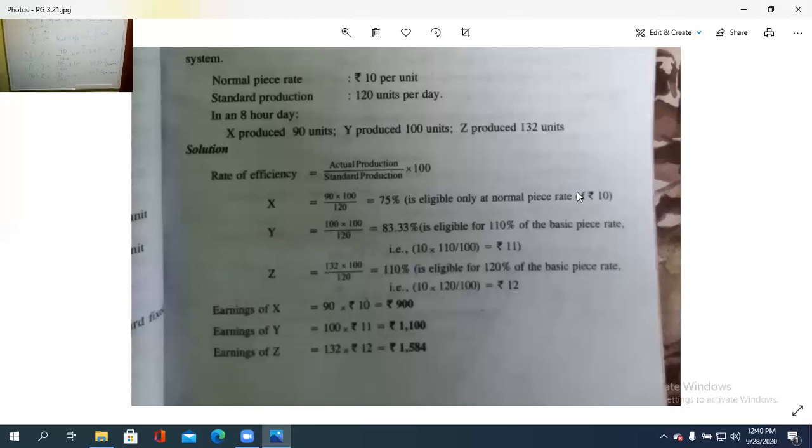Piece rate എത്രയാണോ, അതായത് നോർമൽ പീസ് റേറ്റ് എത്രയാണ്? 10 ആണ്. 10ന്റെ 110% എടുക്കണം. മൂന്നാമത്തെ കേസ് എന്ന് പറഞ്ഞാൽ എന്തായിരുന്നു? 100ഉം അതിന് മുകളിലോട്ടും. അപ്പൊ എത്രയാണ്? 120% ഓഫ് ദ പീസ് റേറ്റ്. 10ന്റെ എത്രയാ? 110%, 120%. അപ്പം 10ന്റെ 110% എന്ന് പറഞ്ഞാൽ 11, 10ന്റെ 120% എന്ന് പറഞ്ഞാൽ 12. അപ്പം ആദ്യത്തെ കേസ് 10, എക്സിന് 10, വൈക്ക് 11, ഇസഡിന് 12.